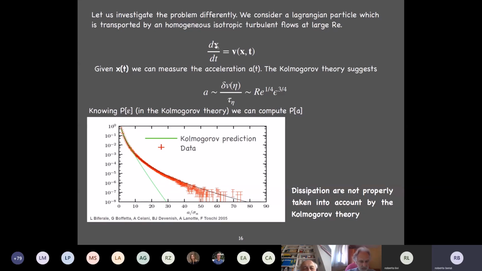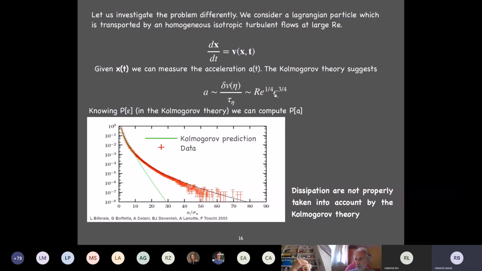Knowing the trajectory or the velocity experienced by the particle, you can predict its acceleration, because within the Kolmogorov approach, the acceleration is nothing else than the velocity at the dissipation scale, which is the smallest scale where the system can fluctuate, with respect to the characteristic time for this fluctuation.